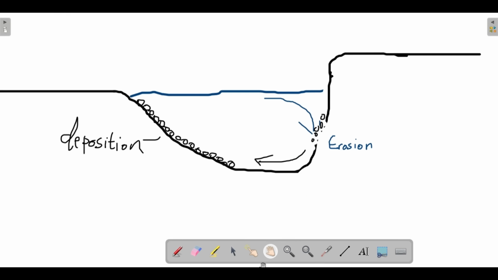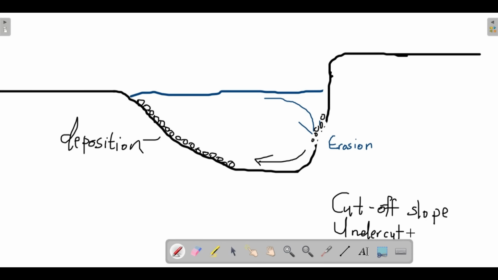Now these slopes have names, guys. We don't say this slope and that slope, so we name them. The slope in which erosion occurs is called the cut-off slope, also called the undercut slope.